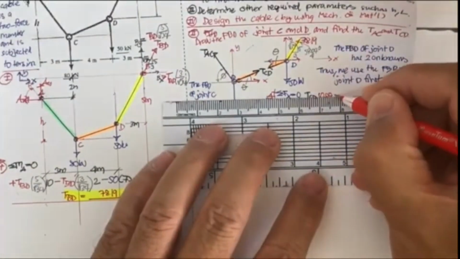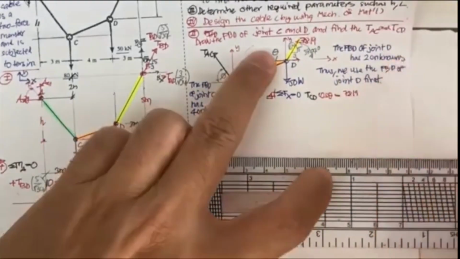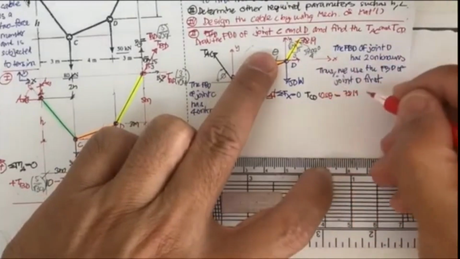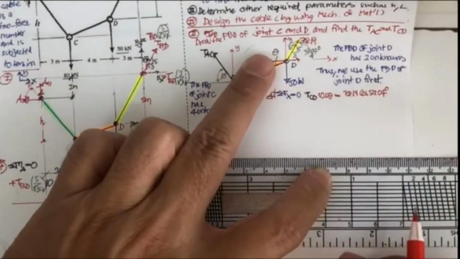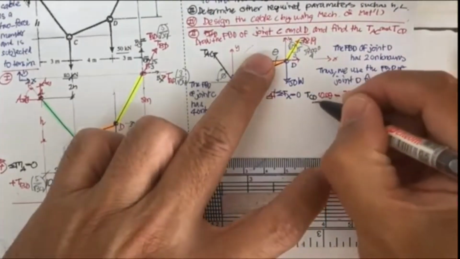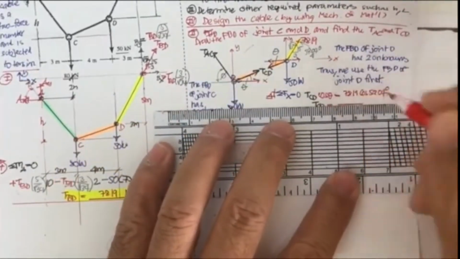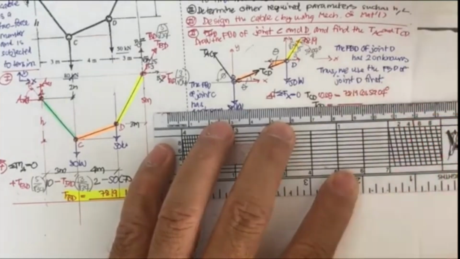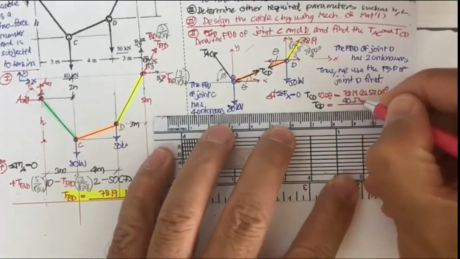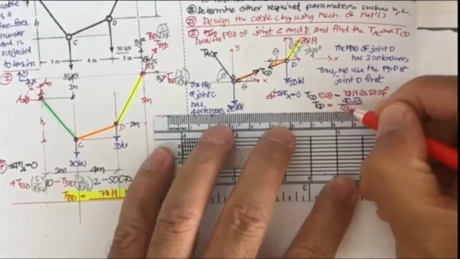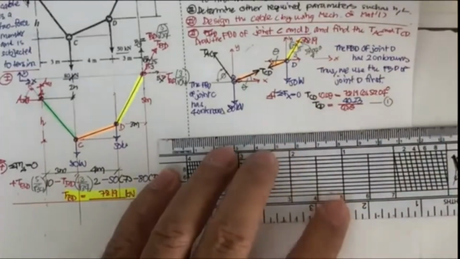So you're going to get this one for 78.19 cos 59.04. Okay, and then you didn't get anything else. This one is going to be T sub CD equal to, put this into your calculator, you will get 78.19 cosine 59.04. You will get 40.23, and then divided by cos theta, so this is going to be equation 1.